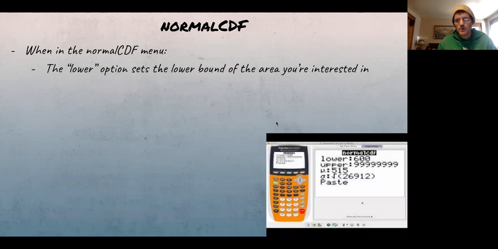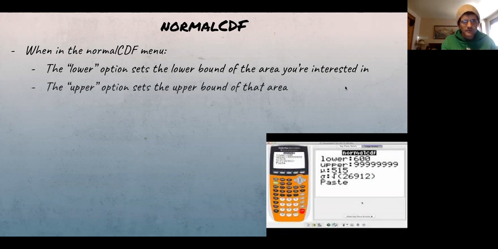You see lower, upper, mu, sigma, and paste. The lower option sets the lower bound of the area you're interested in. And this might not make sense right now, I'm going to walk through it in more detail. The upper sets the upper bound. Okay, it's second, and then vars is the main button. It's just above your tangent button.